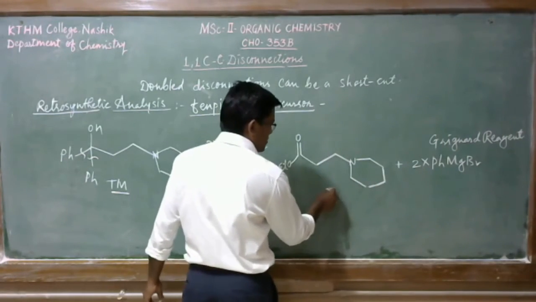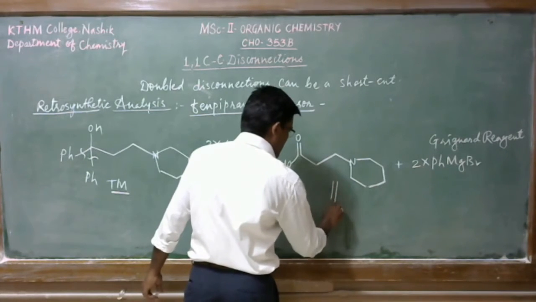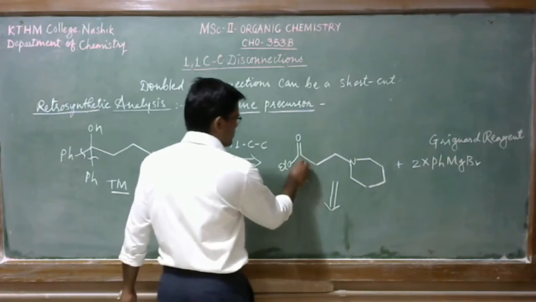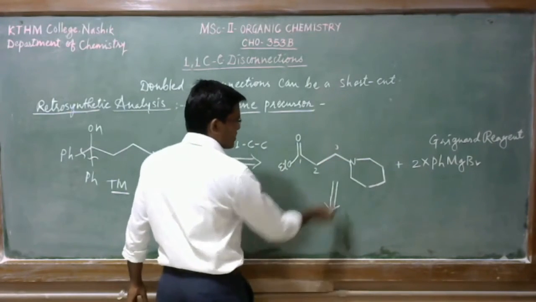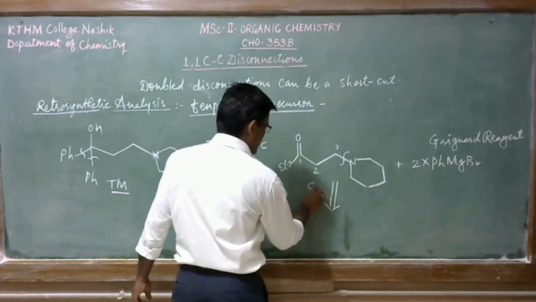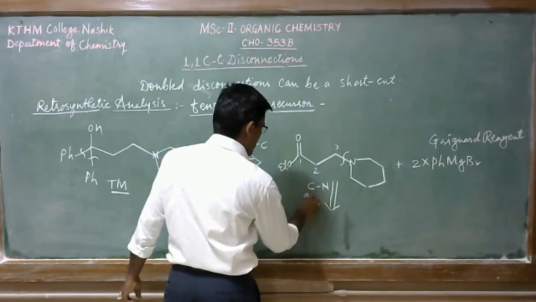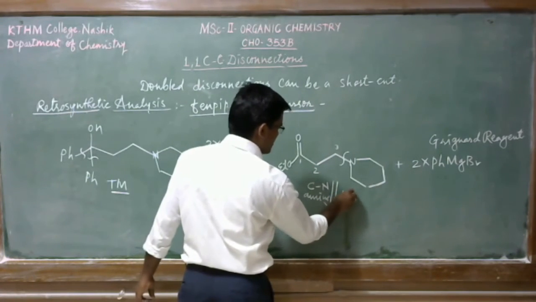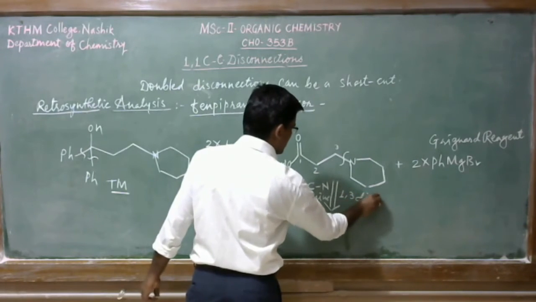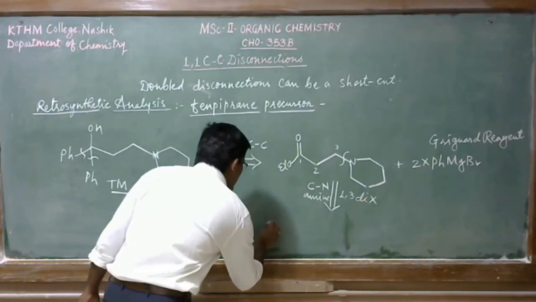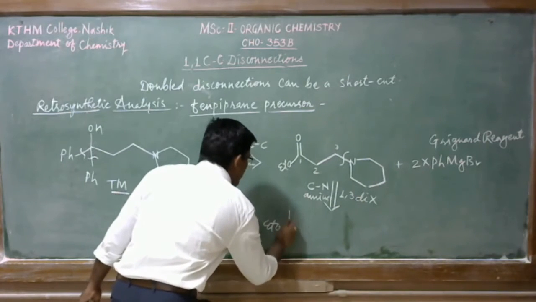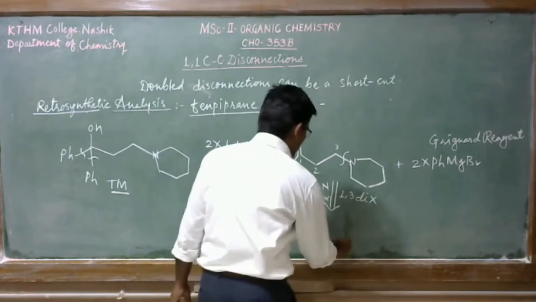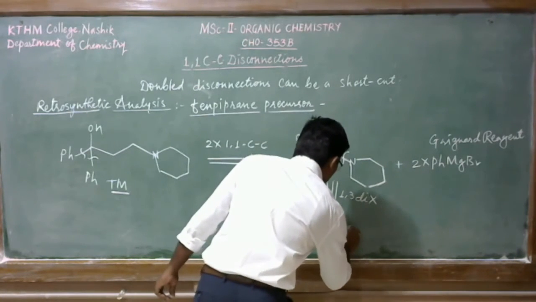And when you disconnect it further, we have here 1, 2, 3. This C-N amine bond, 1,3 disconnection. So we could get this alpha beta unsaturated compound.